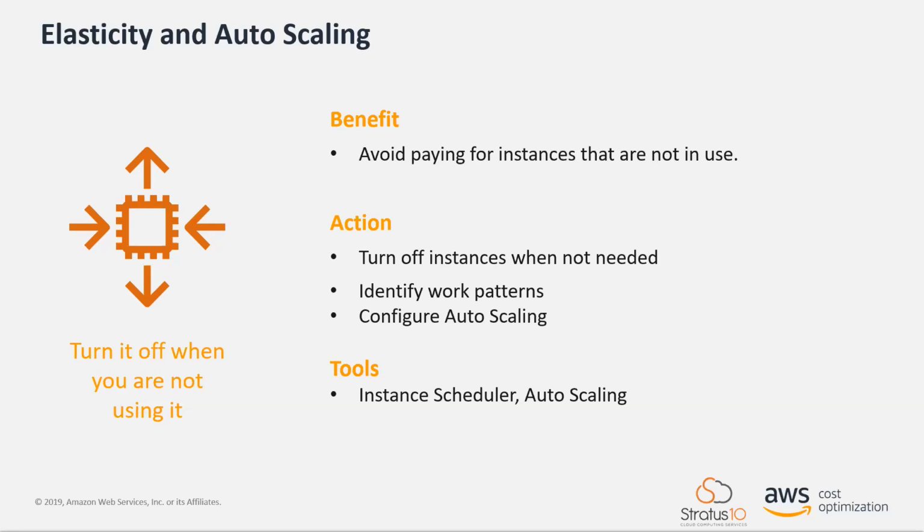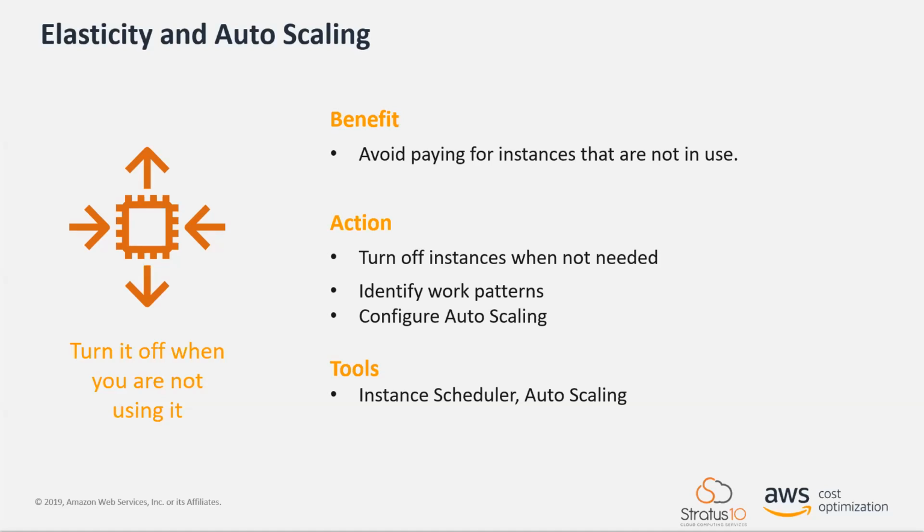Or if you have workloads that peak at the end of the month, here you will want to ensure that you have auto scaling enabled to meet new demand. With auto scaling, you scale up and down based on demand and usage, which translates to specific metrics such as CPU or number of requests. You can also leverage all 3 pricing options in your auto scaling group for the most cost-effective strategy.